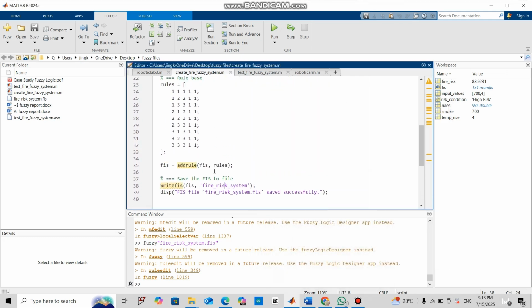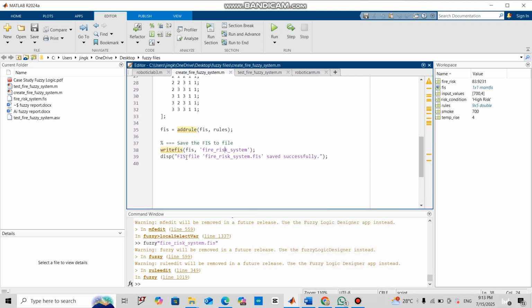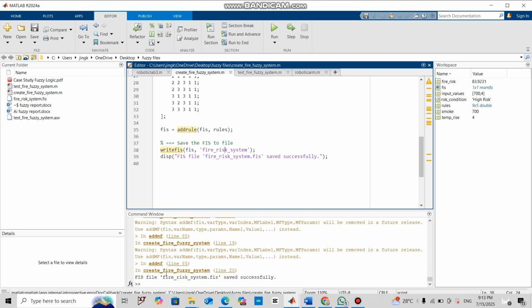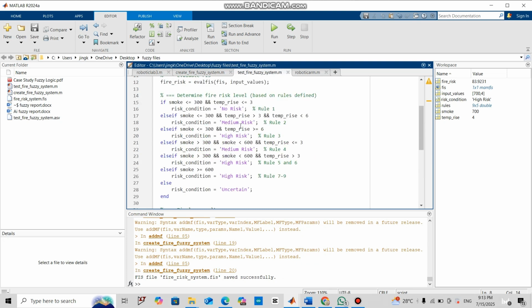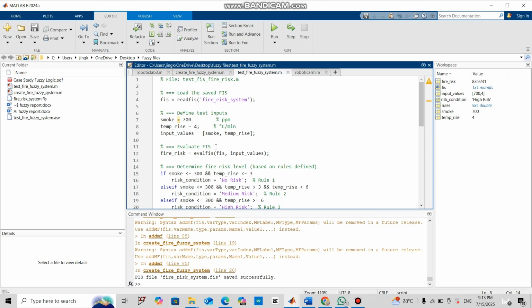After going through all these rules, I will save the FIS file. As I run it, the FireRisk system.fis file is saved successfully. Next is the testing part.